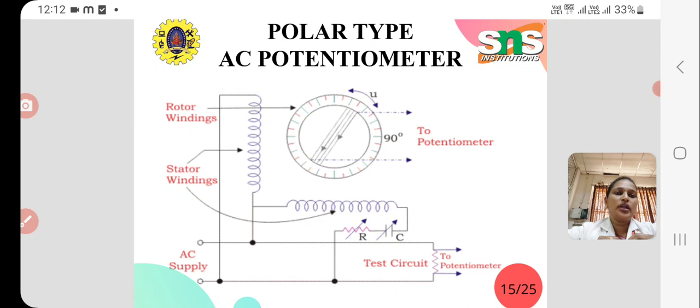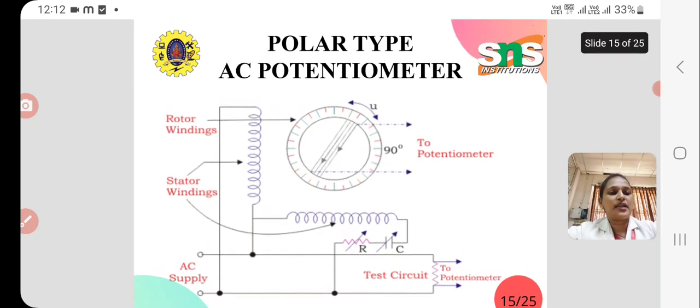So a polar type AC potentiometer consists of a DC potentiometer which measures the magnitude alone. Then what about the phase angle? To measure the phase angle, we have a dialed rotor winding, in which the dial will show the angle deflection.